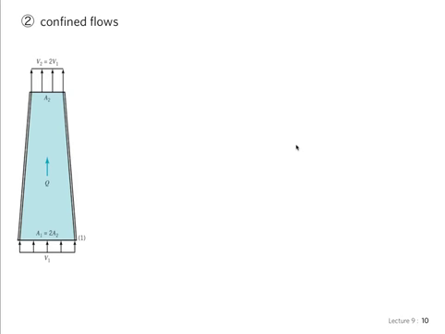So let's look at the application of Bernoulli's equation in the case of confined flows. And here, the typical situation is that we have to apply both Bernoulli and continuity together for these types of problems. Continuity meaning conservation of mass.